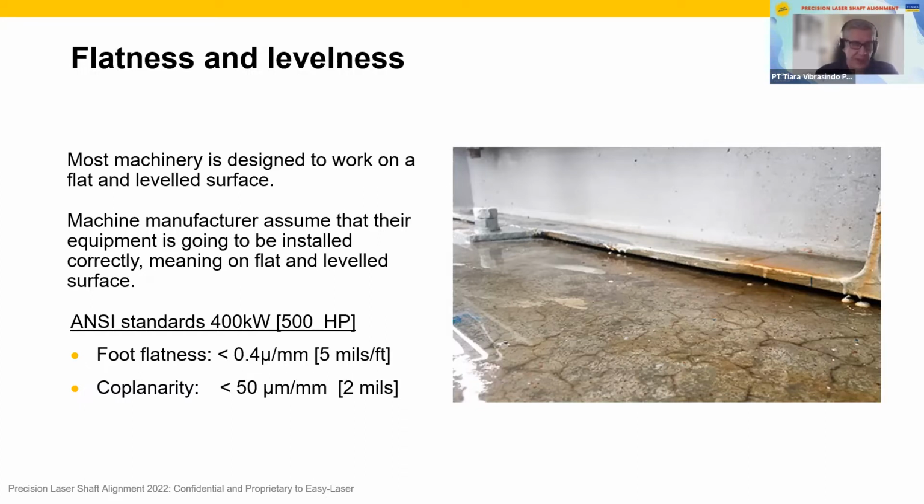Those apply here in an example for machineries considered at 400 kilowatt, which is equal to 500 horsepower.